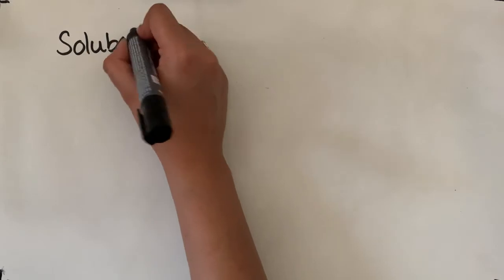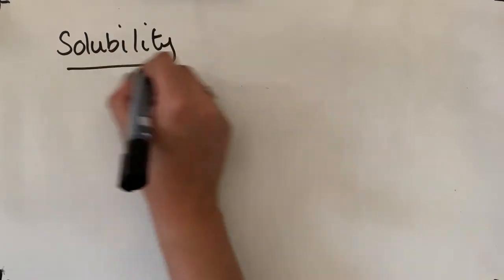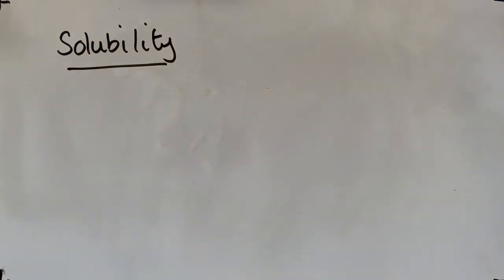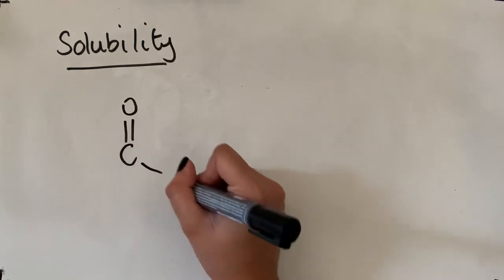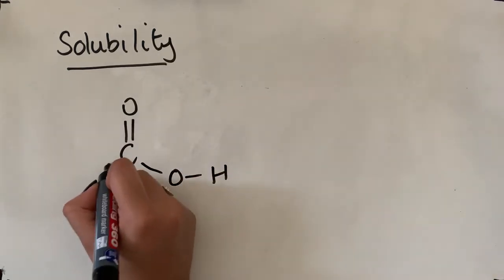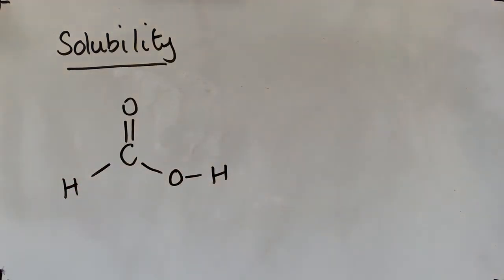So the property that we're going to focus on is the solubility of carboxylic acids. Okay, so solubility is can they dissolve in water or not? Okay, and usually what we look at is whether it can form hydrogen bonds with the water molecules or not. Okay, so if we look at a carboxylic acid over here, I'm just going to go for methanoic acid.